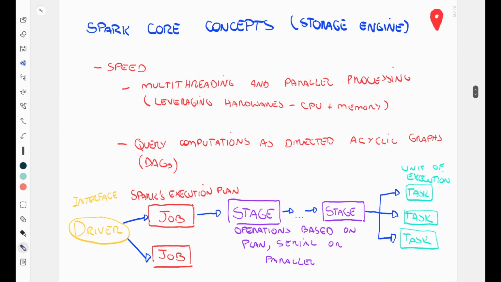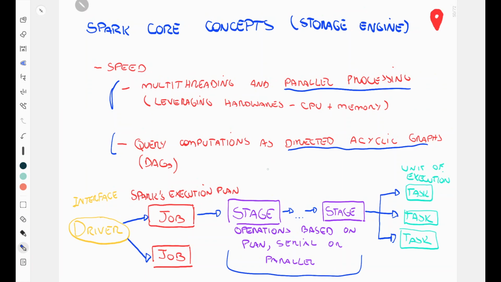And in this drawing you can see both concepts that make speed possible, right? You have parallel processing, and you have the directed acyclical graphs. That is exactly this, especially in stages, because you have stages serialized and you have stages parallel, right? So yeah.